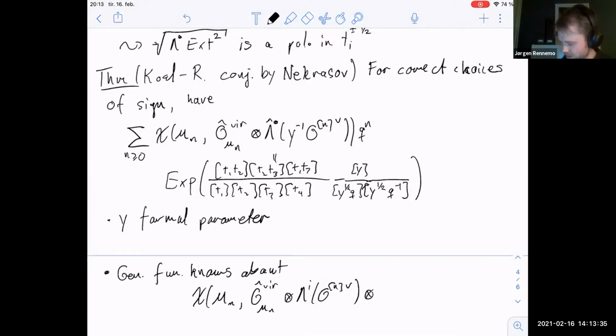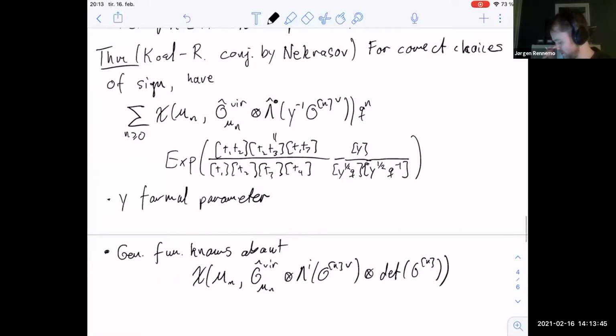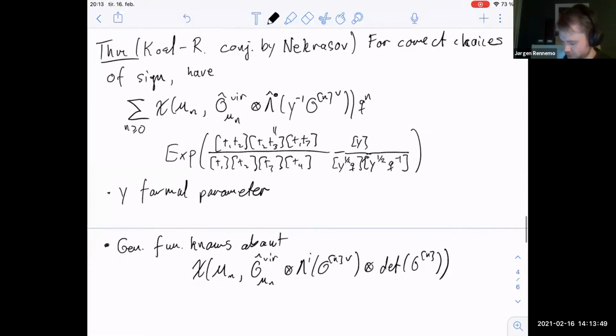Oh, I should put a hat here. Super important. Okay, so these are the individual terms which are computed by this generating function.